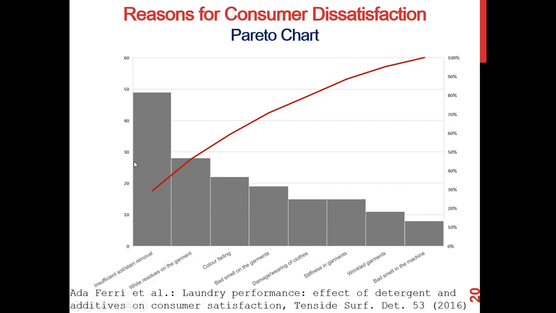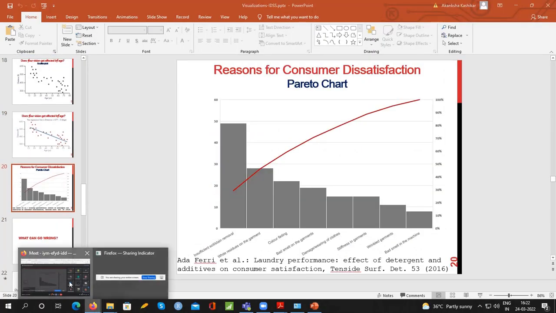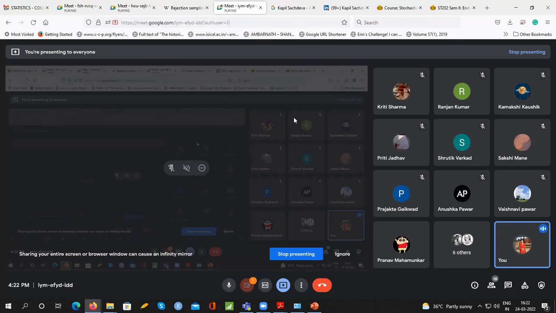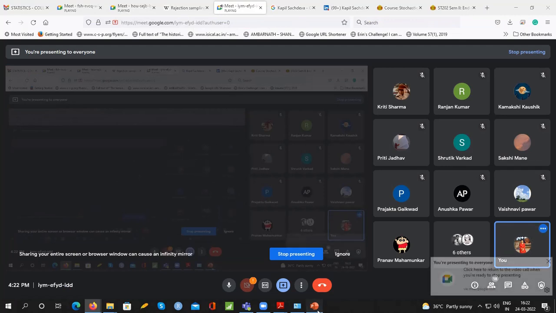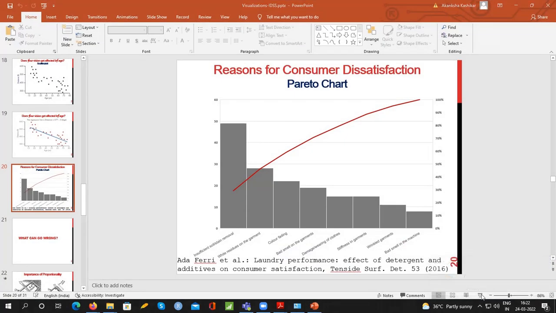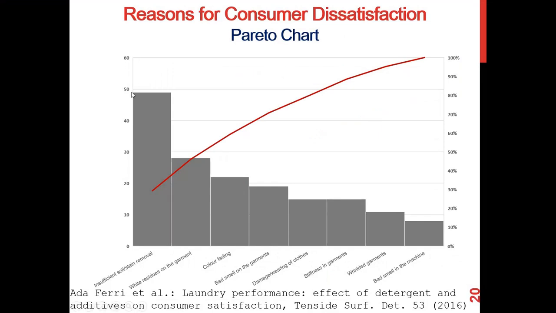What is there on the y axis? You can notice that here I have one scale on the left hand side, and on the right hand side I have another scale on the y axis. Okay, what do they do? So on the left hand side, on the y axis, I have counts.